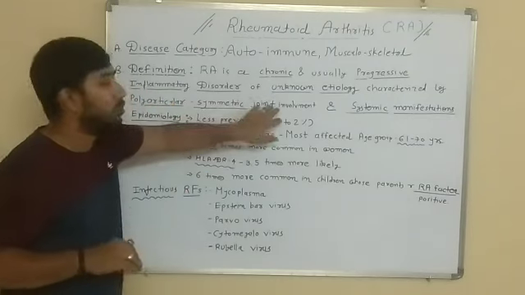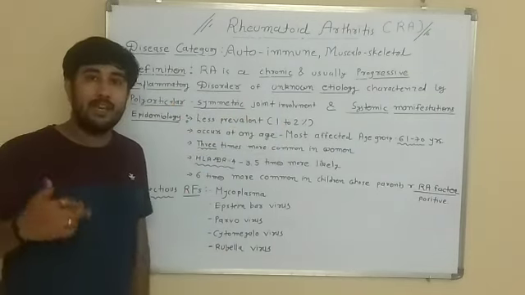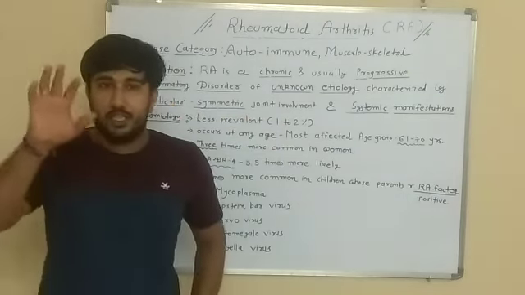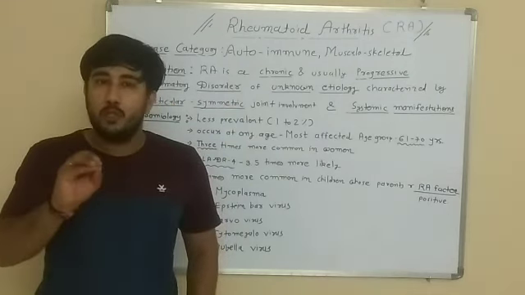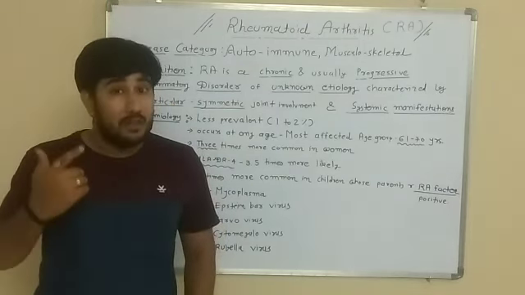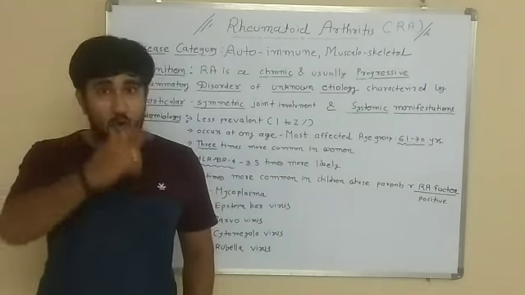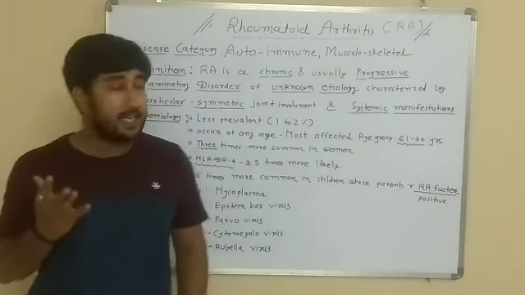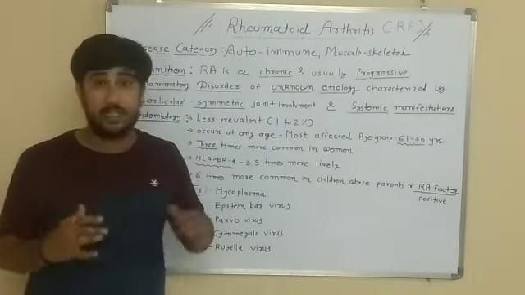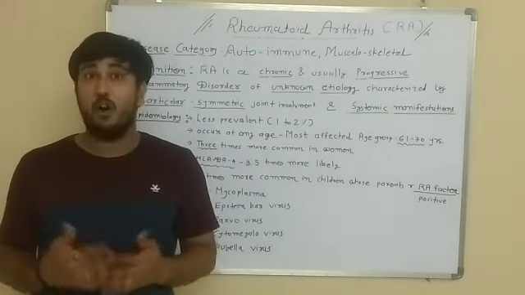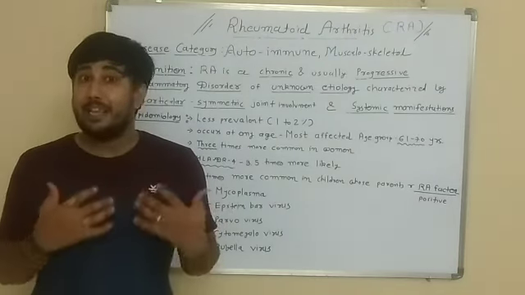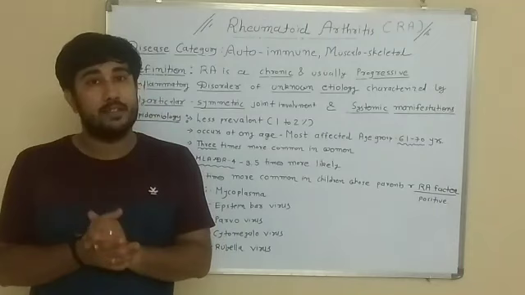having symmetric joint involvement. And in a later phase, it is not restricted to the joints and muscles. The autoantibodies generated in rheumatoid arthritis will further target our lungs, kidneys, even the heart and other organ systems.